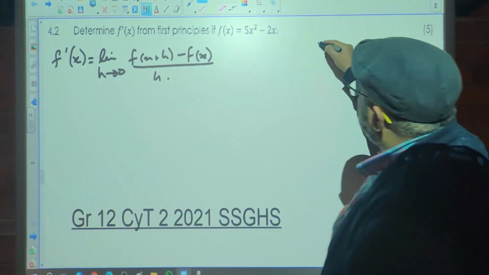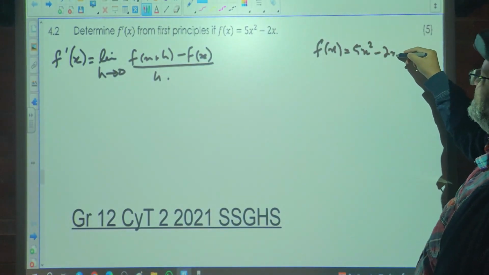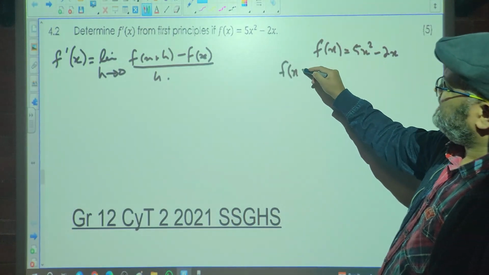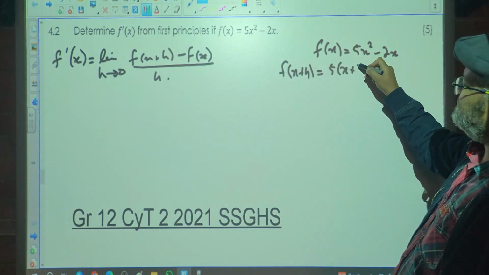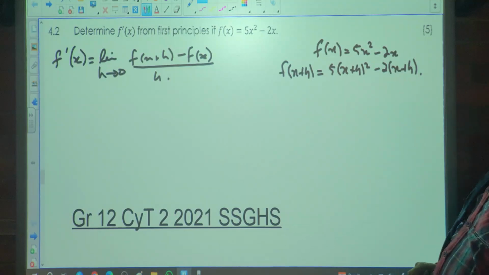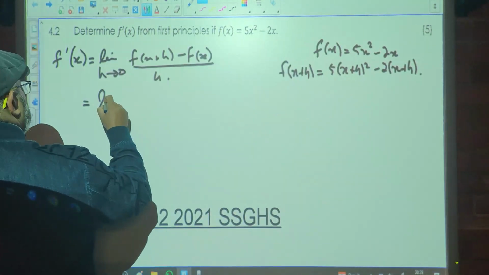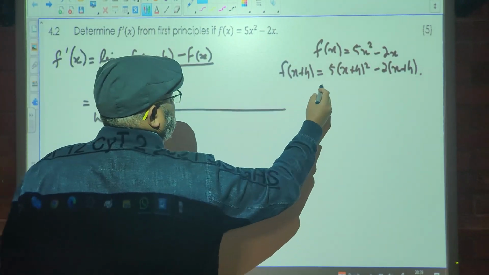So if f of x is 5x squared minus 2x, then we replace x with x plus h, which is 5 into x plus h squared minus 2 into x plus h. Alright, so we're going to do the first point of simplification as well, as we're substituting.